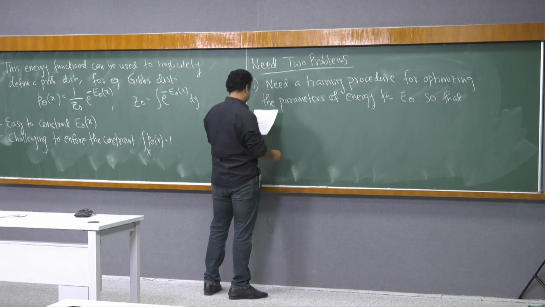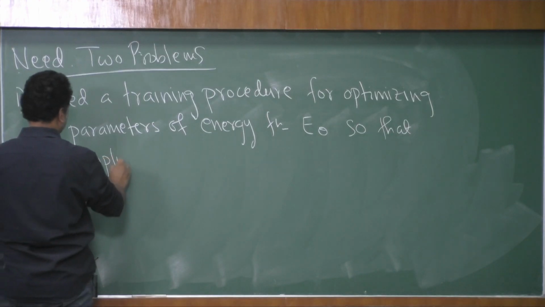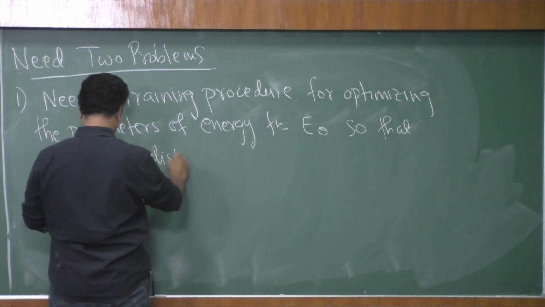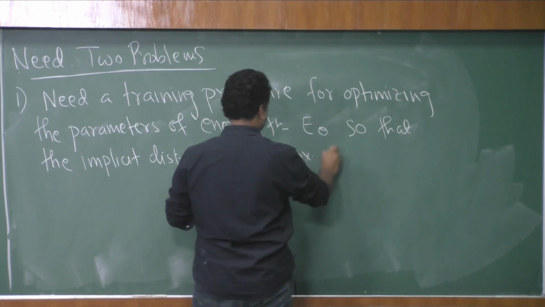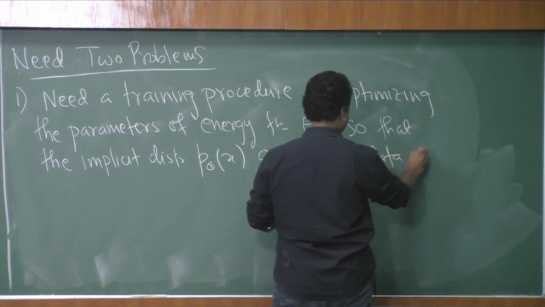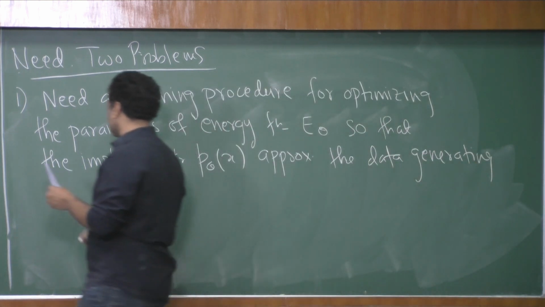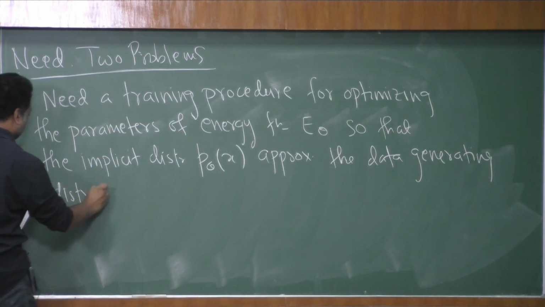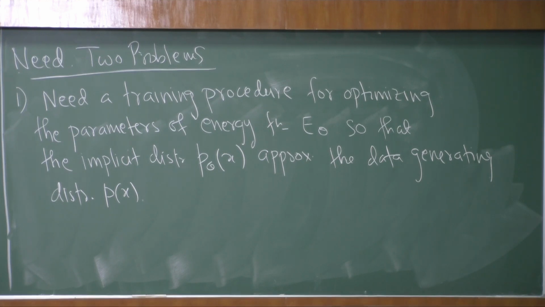So that the implicit distribution p theta approximates the data generating distribution p of x. This is the first problem we have in hand: how we will train so that the implicit distribution will be close to the original distribution.